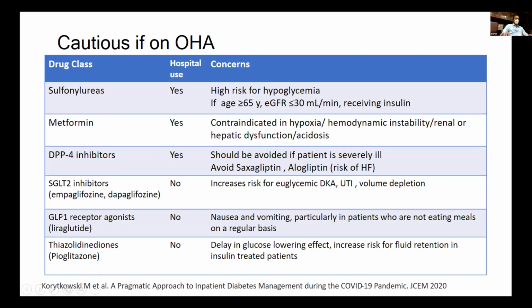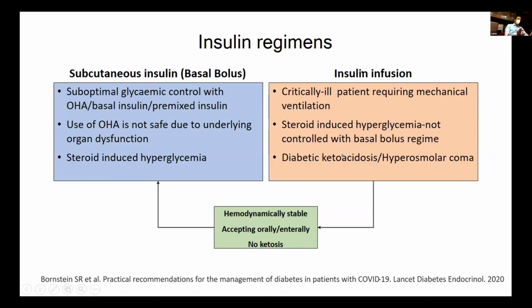But any patient on an SGLT2 inhibitor, for example dapagliflozin, or a GLP-1 receptor agonist such as injection liraglutide, or on pioglitazone, that should be stopped even if the patient is mild to moderately ill. We discussed two common insulin regimens. One is insulin infusion.